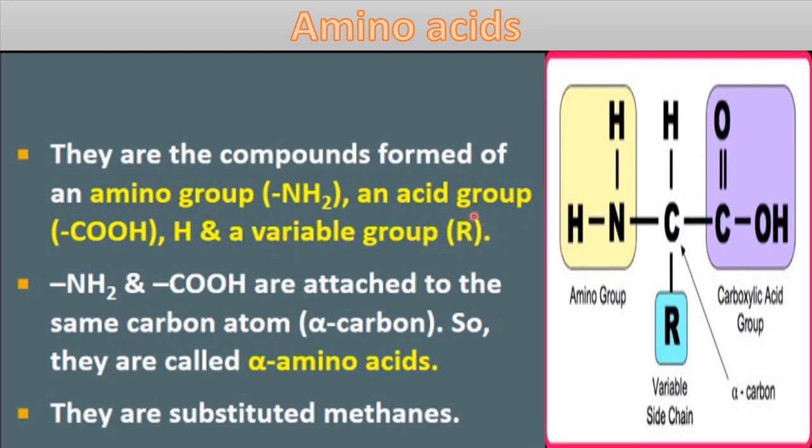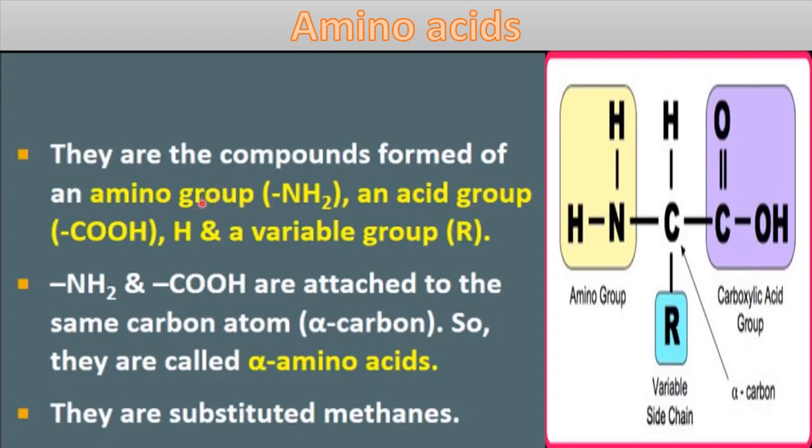Okay, this R can represent CH3, COOH, simply H can be represented by it. So it will be a variable group, but all these other things are fixed. Okay, these are the fixed parts, you can say, which are present in an amino acid, right?